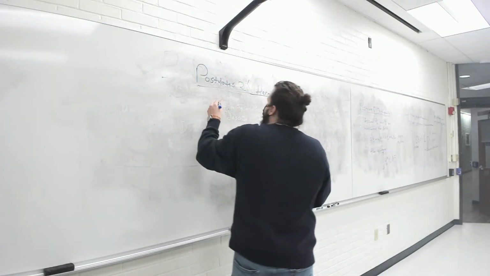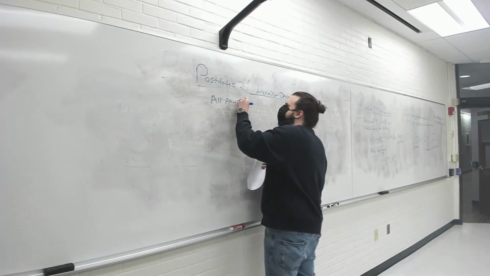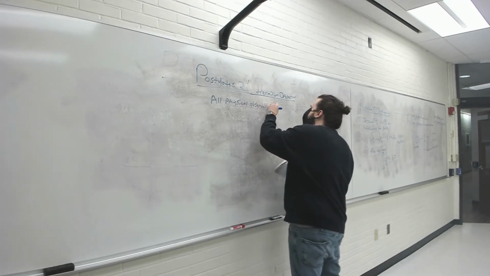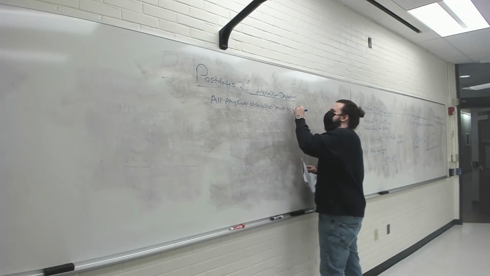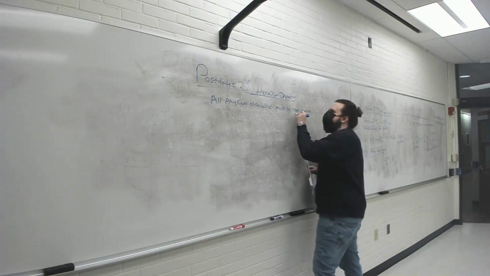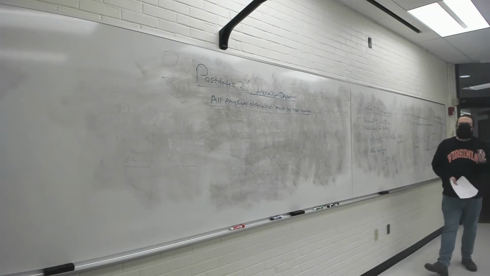And what this means actually is very simple. All physical observables, everything you ever measure in your laboratory, must be real numbers. So if you apply an operator to a wave function, it has to give you a real number back.